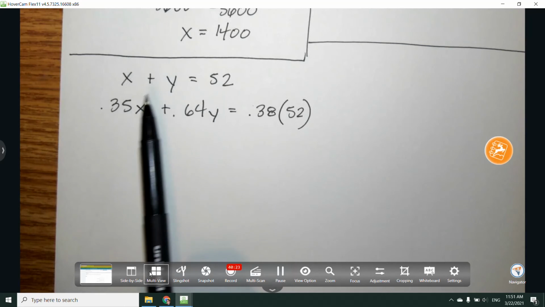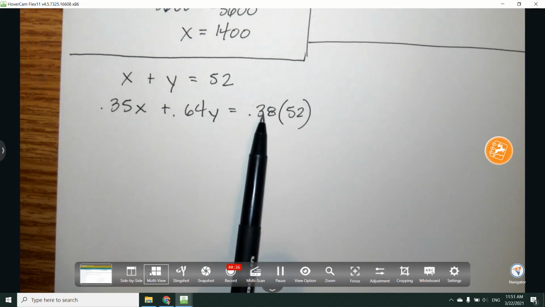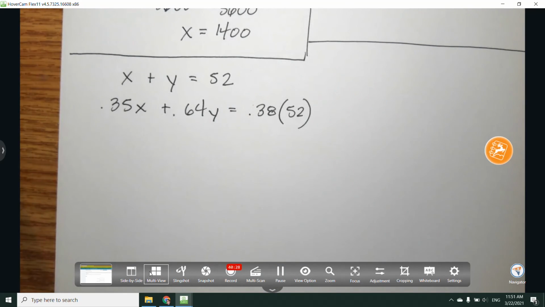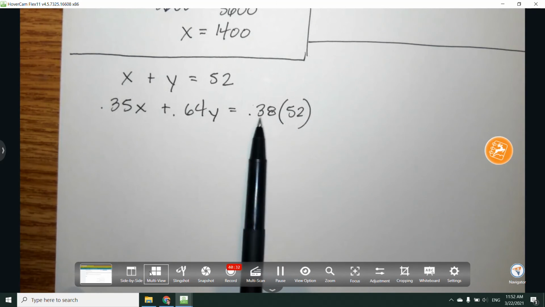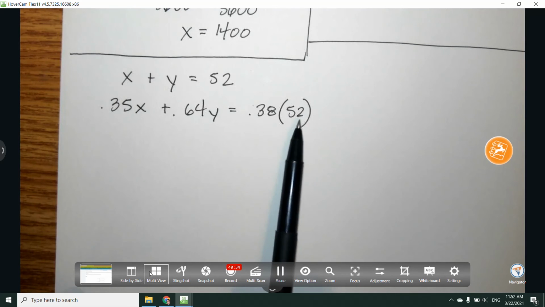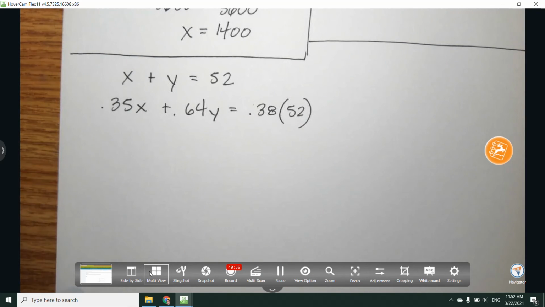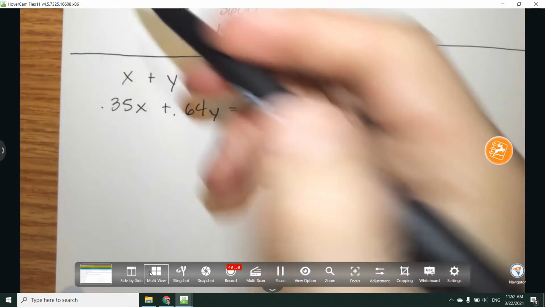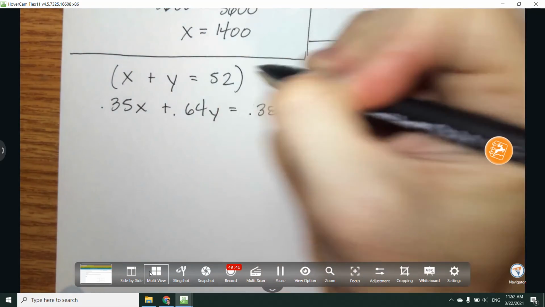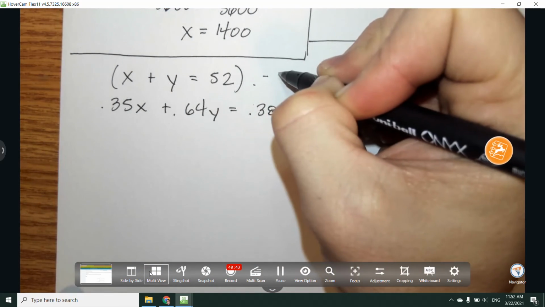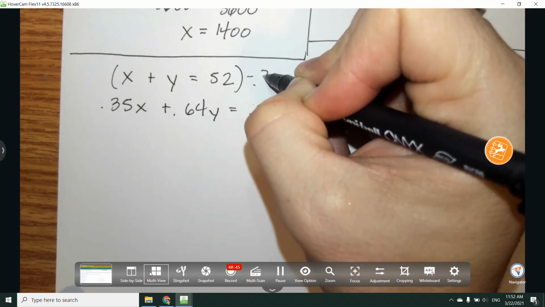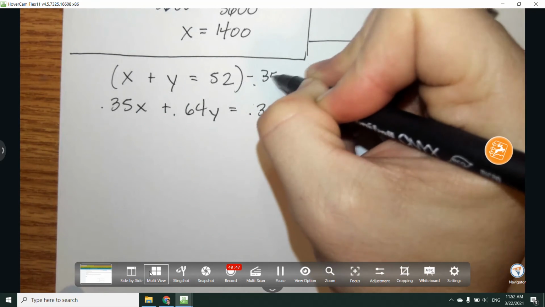And so we're trying to mix them together to end up at this 38%, right? So let's go ahead. And don't forget when you're doing this to include this percent and the amount of total pounds that you got here. Okay. So I'm going to multiply this thing times a negative 0.35 on each one.